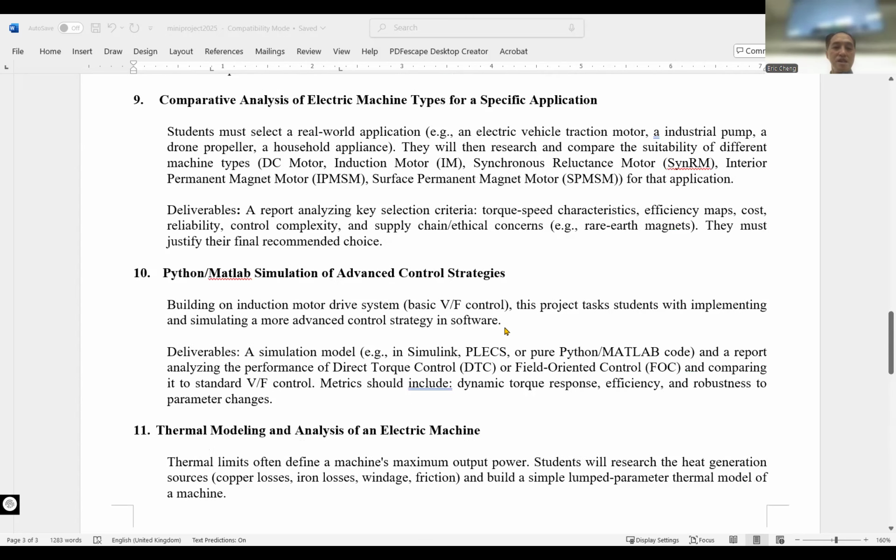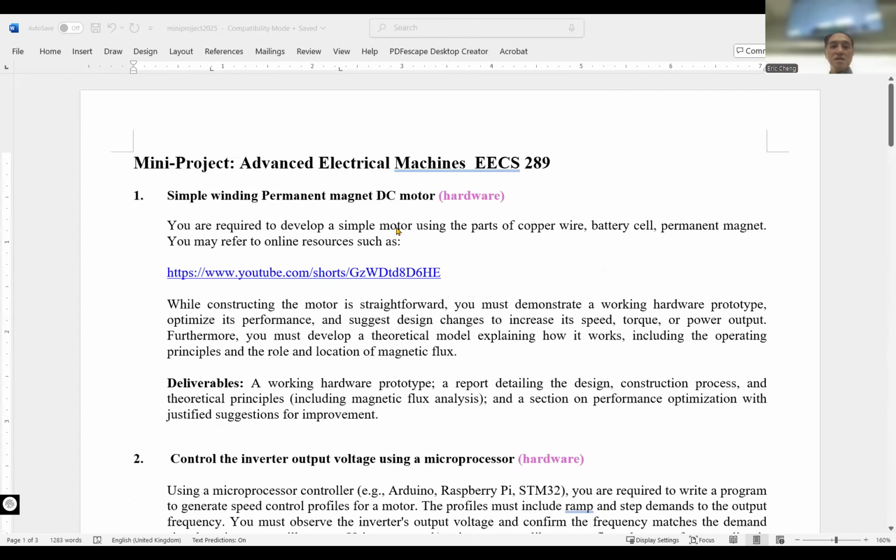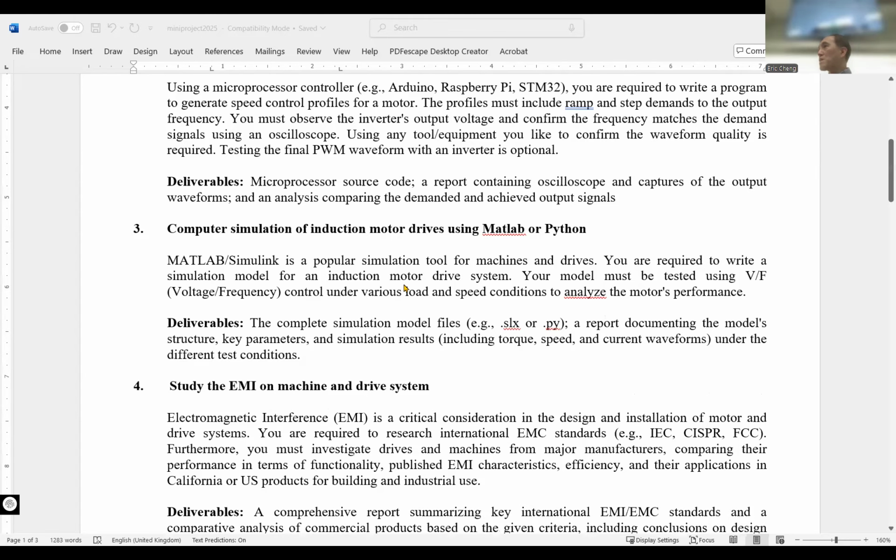You can see there are many projects here, including building a motor, and controlling an inverter output using a microprocessor. If you know Arduino and Raspberry Pi, you can try that. I think you all know how to do that.